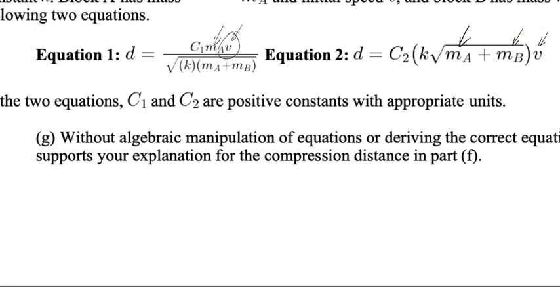Your explanation probably should center around K. I think K is the best one. K is clearly in the denominator in this one and in the numerator here. In one case, when K gets bigger, the distance the spring is compressed also gets bigger. Does that make any sense at all? In the other one, when K gets bigger, the distance the spring is compressed gets smaller. Does that make sense?